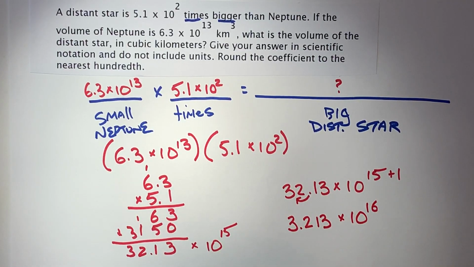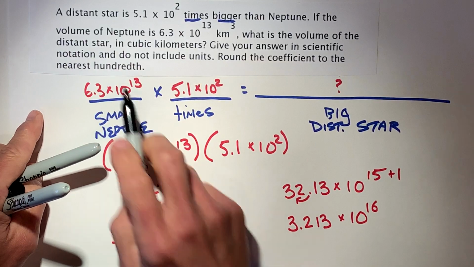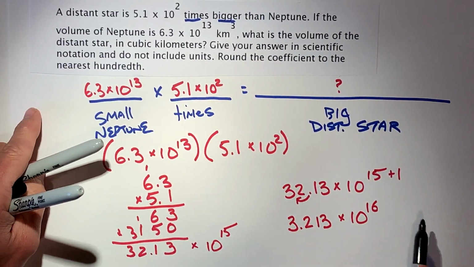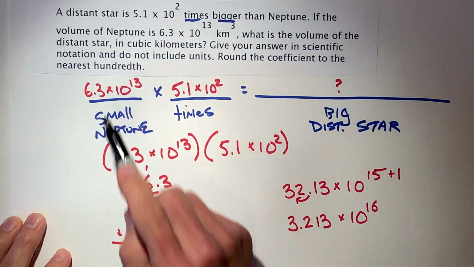And while I feel great about this, you know, Get More Math, sometimes it gets you with decimals. I look at the last piece. It says, give your answer in scientific notation. We've done that. And do not include units. We're skipping the units. Round the coefficient, or they call this the coefficient, I'm calling it the first term. Either way, round the coefficient to the nearest hundredth.